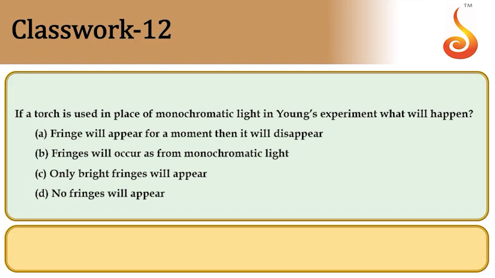If we use torch light in place of monochromatic light, then overlapping of fringe patterns takes place, because it contains light of all wavelengths. Overlapping takes place means fringes cannot be seen distinctly, or we can say no fringes will appear. It is a continuous band. D is our correct choice.